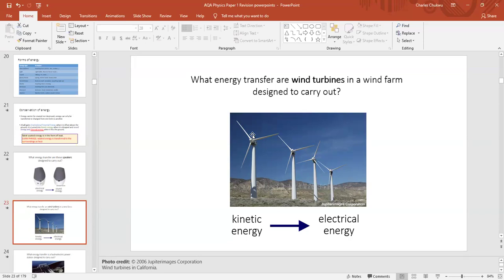So that wind blows on the turbines. Then there's what they call a dynamo or something in the mechanism of the turbine. And that dynamo has some wires connected to it. And the electricity now flows through those wires to wherever the destination is. So that's why it's kinetic energy moving to electrical energy.